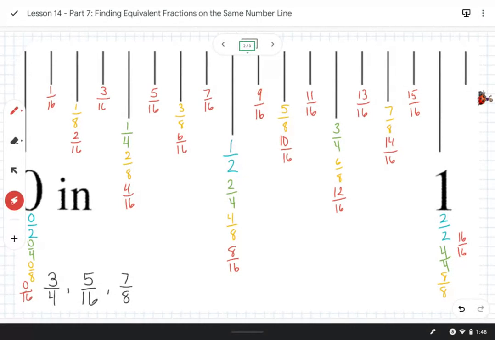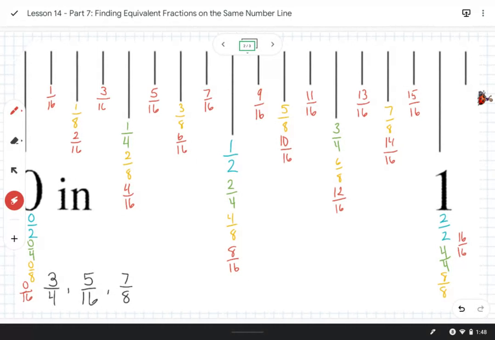But what's the purpose of all this? Well, in addition to just understanding fractions and equivalent fractions better, we can use this information to start comparing fractions, right? So check it out. I have down here 3 fractions, and I'm being asked to write them in order from least to greatest.